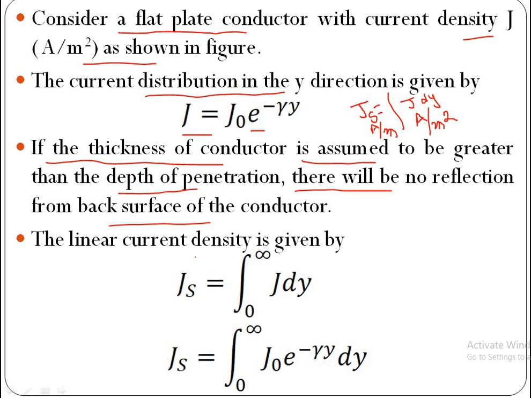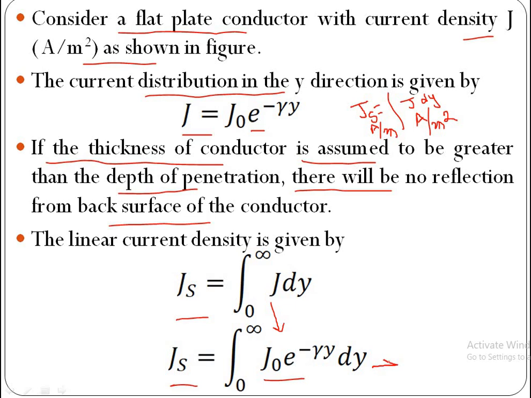The linear current density is given by Js is equal to integral 0 to infinity J into dy. Now substitute the value of J in this equation, which is J naught into e power minus gamma into y.